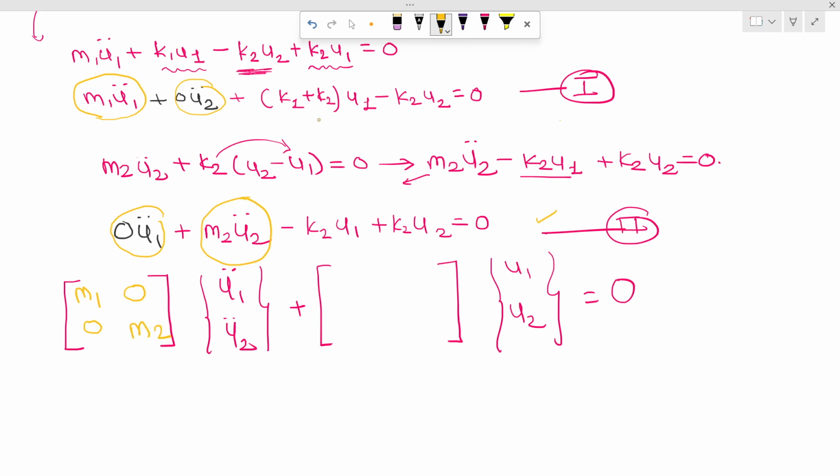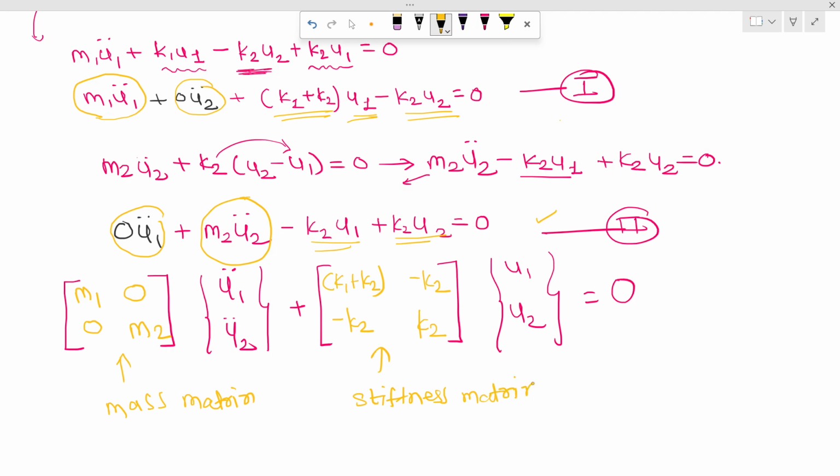Next, here the U1 term is K1 plus K2, so in brackets K1 plus K2. The U2 term is minus K2. In the second equation the U1 term is minus K2 and the U2 term is K2. So this is my mass matrix for the given problem, and this is my stiffness matrix for the given problem.